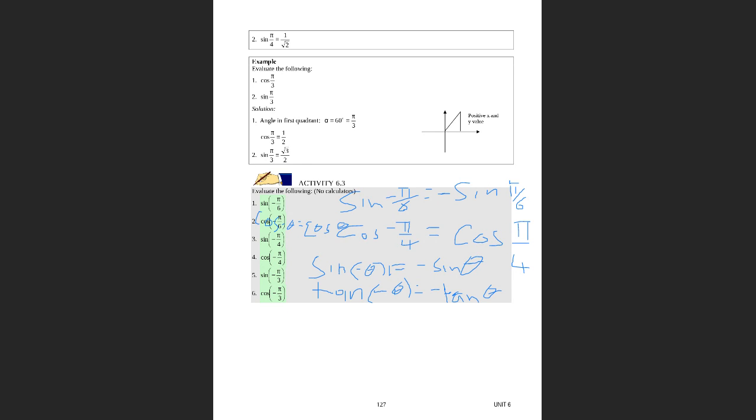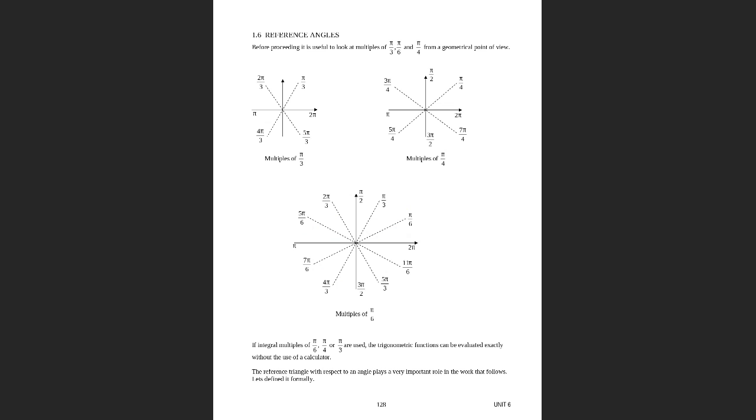Any questions there? No questions again. Okay, then let's go on. We are going to do examples here with the reference angles, and we are going to understand these things better. Like these drawings, I'm going to explain it to you better when we are doing the reference angles.